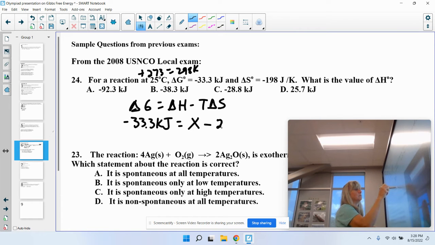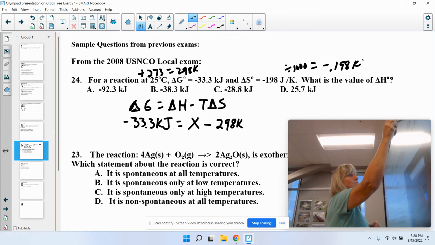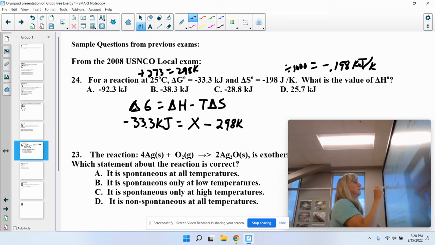We can plug in 298 Kelvin. And then our S is in joules per Kelvin. We need to put that in kilojoules, so we divide by 1,000 to get negative 0.198 kilojoules per Kelvin. So we will plug that in.